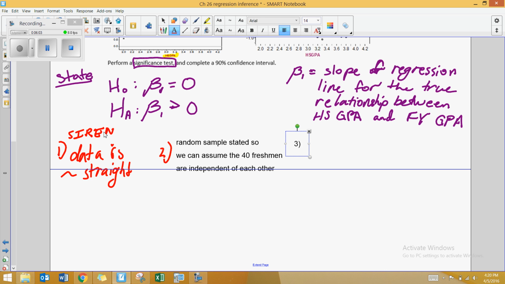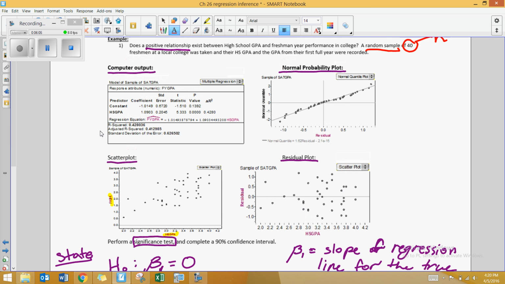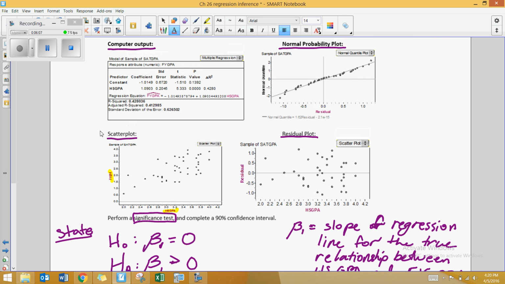Okay, that takes us into the next condition, the E, so equal spread or variance. Now, we'll notice here on my scatter plot that I don't actually have the line, so it's kind of hard to tell if they're spread out equally about the line.